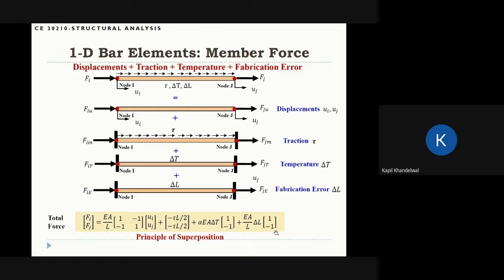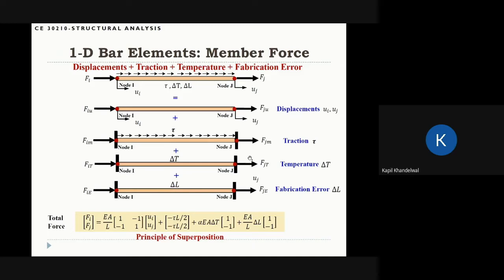And this is how we can consider all different sources of loads in a bar member. The same strategy is used for trusses and frames and beams and so on. So this idea is used everywhere, okay?